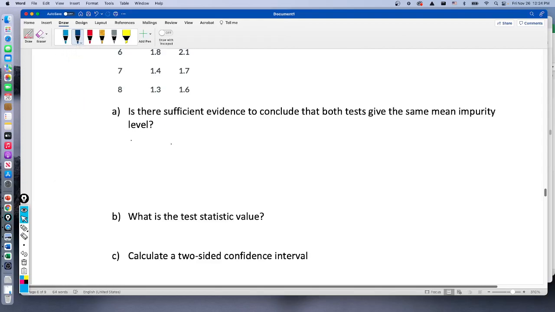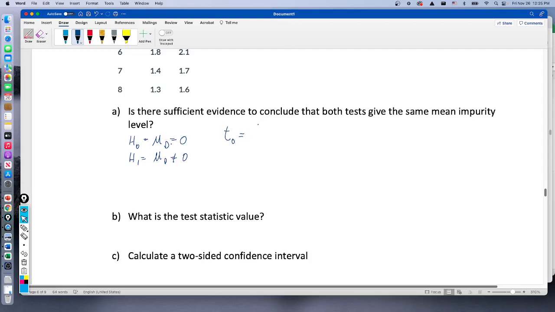What we're really trying to see is whether there is a difference. So our null hypothesis would suggest that the mean of the difference equals 0. The alternative hypothesis would be that the mean of the difference does not equal 0. So it's a two-sided test.